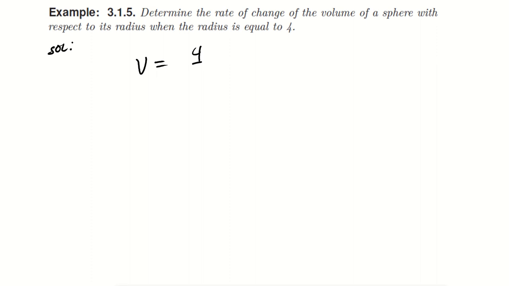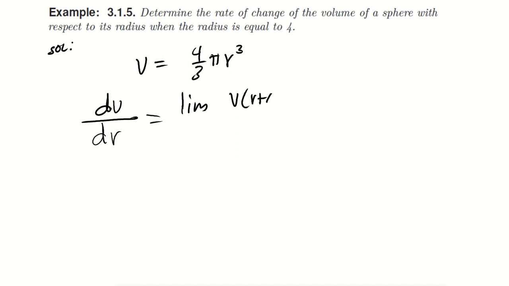This is equal to 4 over 3 pi r cubed. Then if you want to determine the change in the volume, dV with respect to r, this is just equal to the limit of the volume V of r plus delta r minus V sub r all over delta r when delta r is approaching 0.